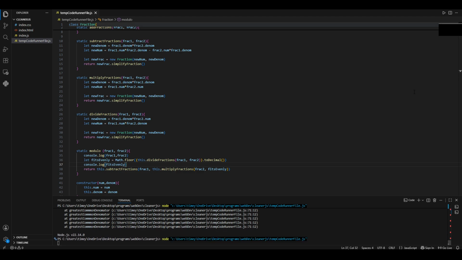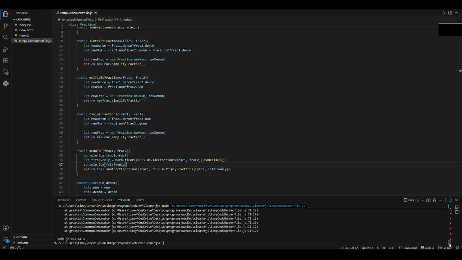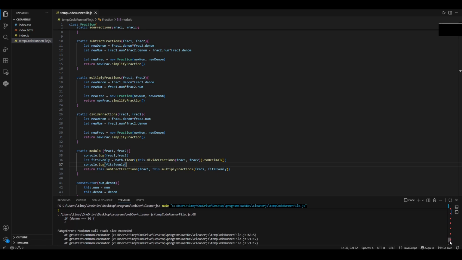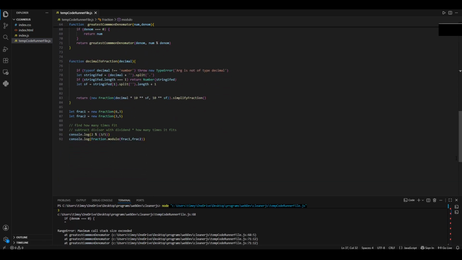Then let's try. So does 3.5 fit evenly into 2? So let's just make sure that's right. So 10 over 5. Yeah, it does 3 times. Okay.